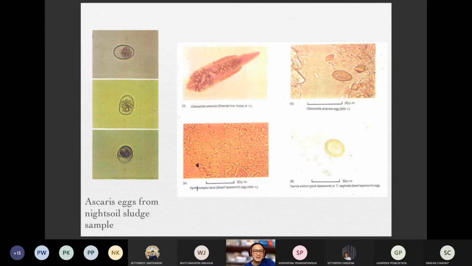Night soil is basically human excreta, all the solid matter in the septic tank. So normally we call it night soil, sometimes night soil sludge. In night soil we can easily find this kind of eggs.